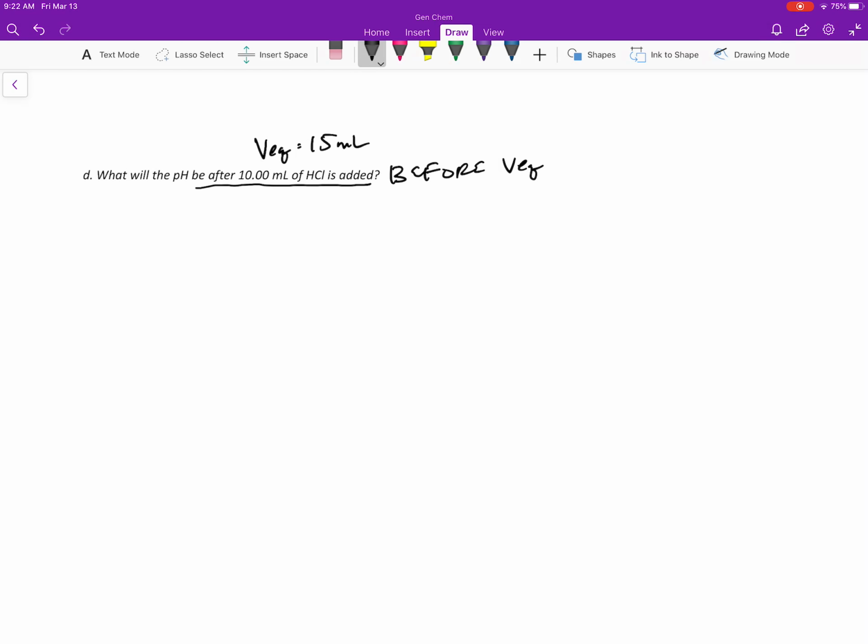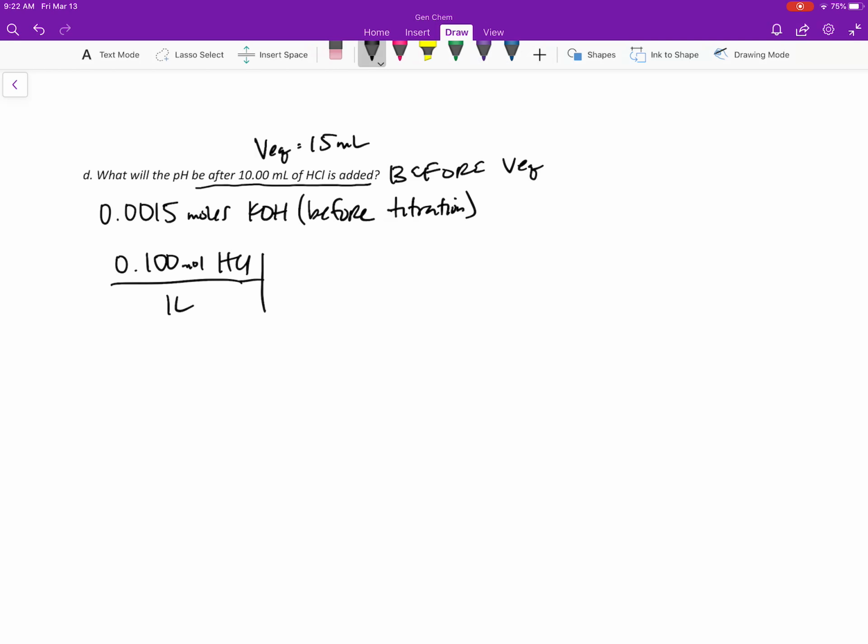In order to do that, I need to determine how many moles of HCl I have added based on the volume. So this is what I started with, KOH. And at this point, I have 0.1 molar HCl, and I've added approximately 10 milliliters per the prompt.